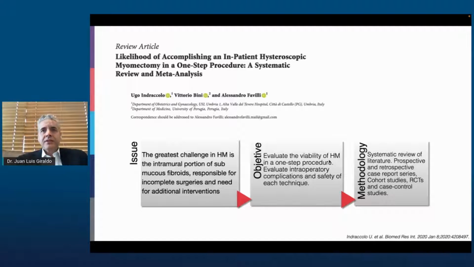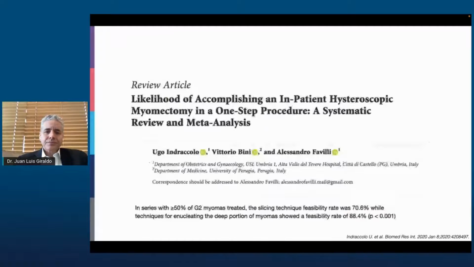And they compared slicing, the conventional resectoscope, with other options of enucleation of that intramural portion of the fibroids. They did a systematic review with prospective and retrospective case reports, and some RCTs and case control studies.